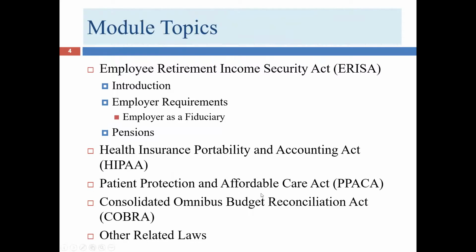And now we have the Affordable Care Act, which is formally the Patient Protection and Affordable Care Act, oftentimes called, well, Affordable Care Act, or ACA, also called colloquially Obamacare. And finally, we'll talk, well, not finally, but we'll also talk about COBRA, which is the Consolidated Omnibus Budget Reconciliation Act. And then there'll be a few other aspects of these laws that we'll talk about in more detail.